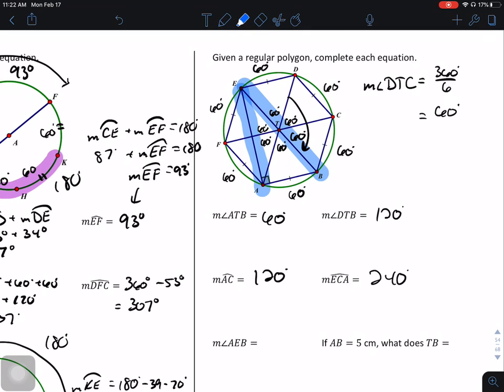Measure of angle AEB. So let's focus on that triangle. See if we can figure this out.